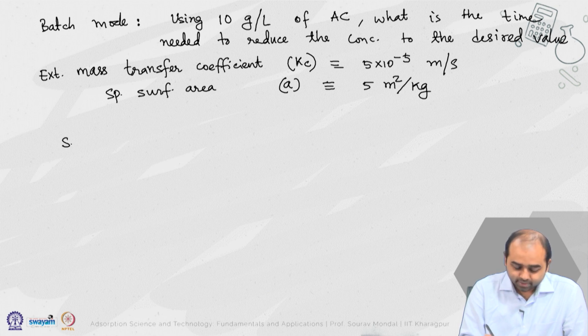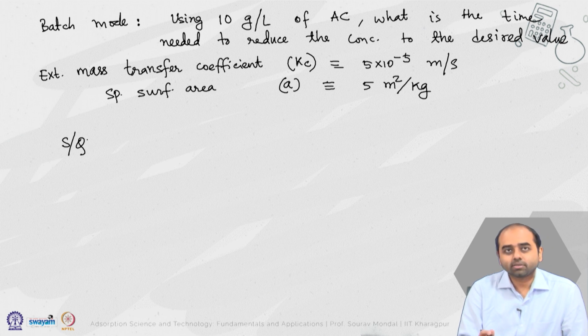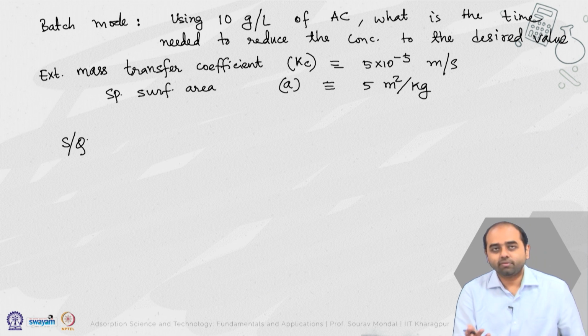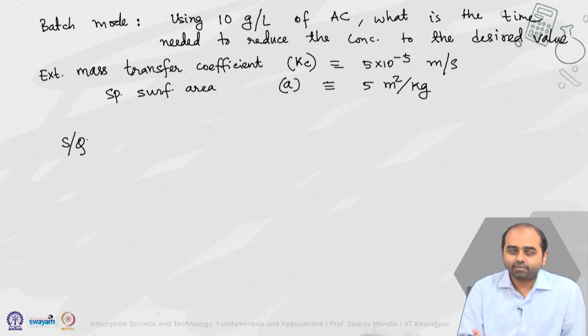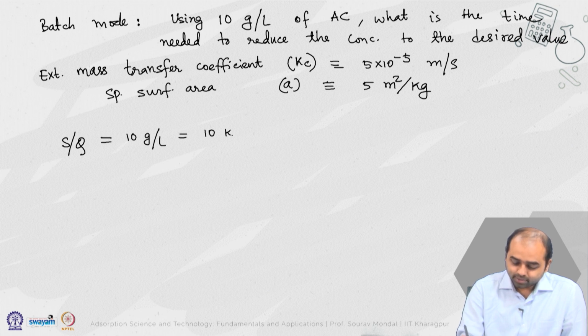We can define S by Q, which is the mass of the adsorbent by the volume, as the concentration of the adsorbent in the solution. Even though the total volume and the mass are not known, everywhere in the expression S by Q is used. So this is 10 grams per liter or 10 kg per meter cube.